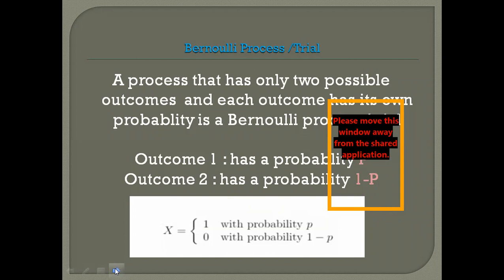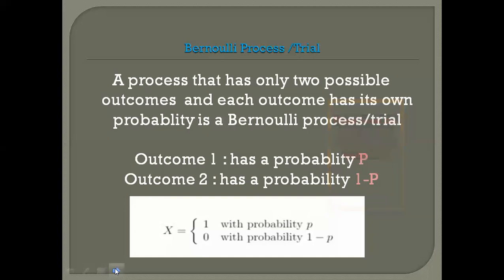Sometimes you may ask about the probabilities being equal. Yes, we may have a Bernoulli process where the probability of outcome one is equal to the probability of outcome two, so 0.5 and 0.5, half probability for each. That kind of process is also called a Bernoulli process.